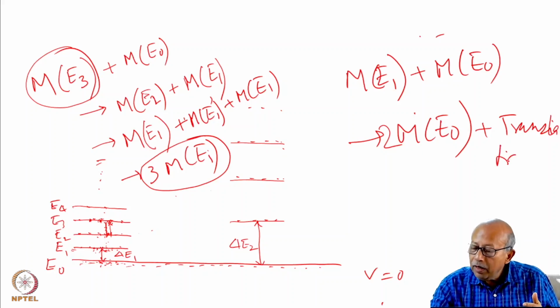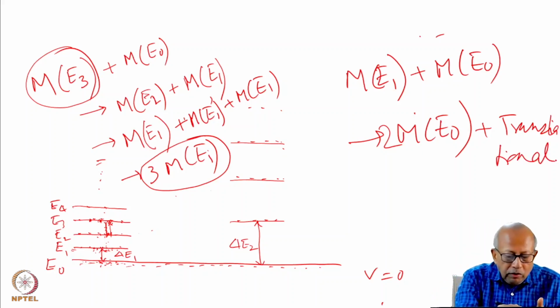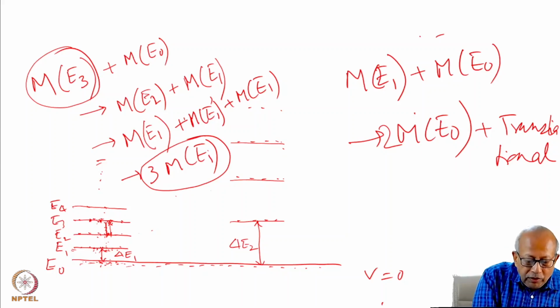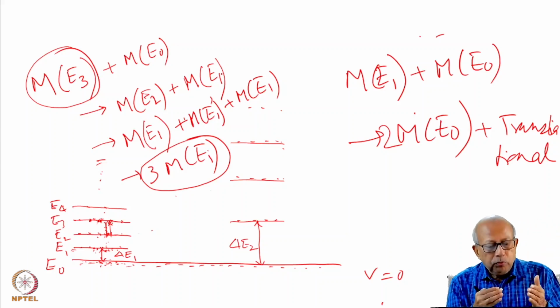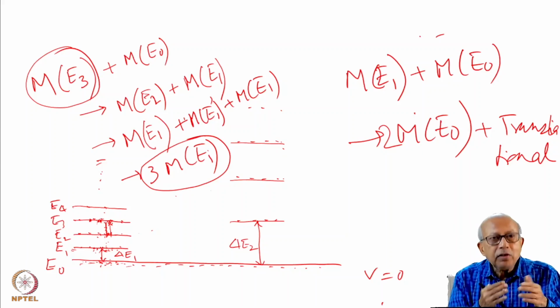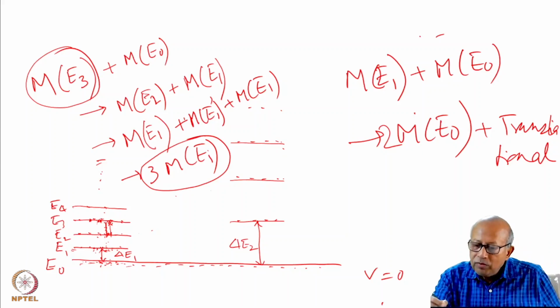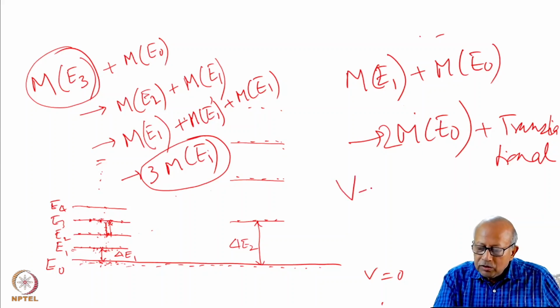So long as the transfer has been vibration to vibration, molecule is vibrating in this level, molecule is vibrating in this level also. Such collisions took place very efficiently because energy was transferring from vibration to vibration. Here, the vibrational energy is transferring to translational energy.